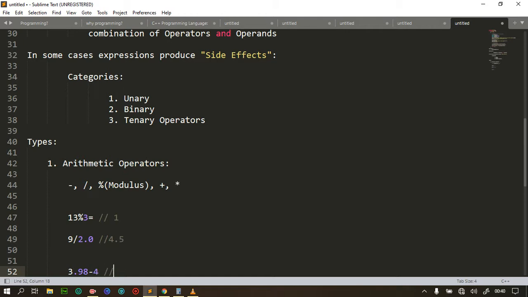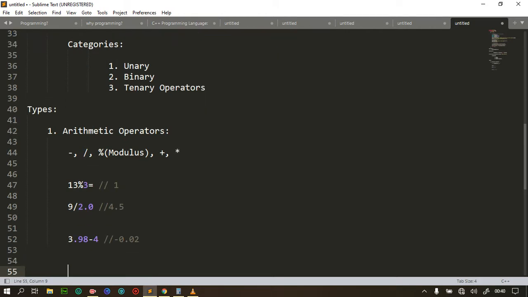What am I going to get? That is negative 0.02. Are we moving? Those are just examples, but that is what we call arithmetic operators.